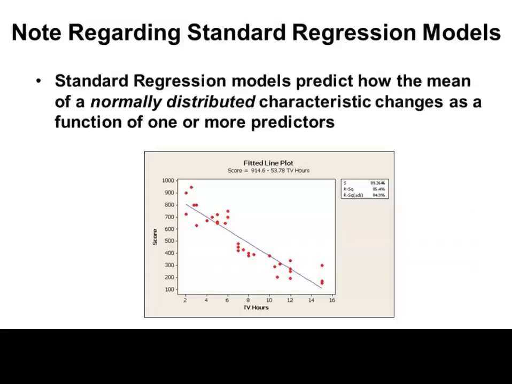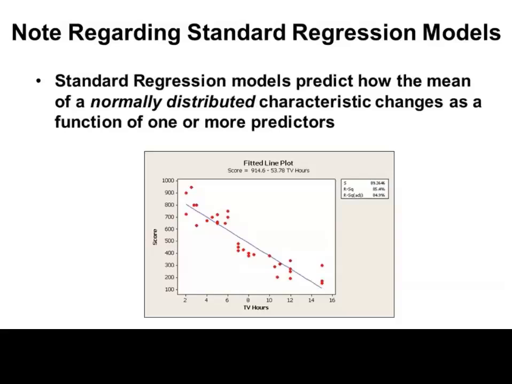Now, we're going to be going through a bunch of scenarios, examples of this. But before we do, I want to just say a word about standard regression models. So what is regression? It's a way to take some data, like on a scatter plot, where you have two variables.